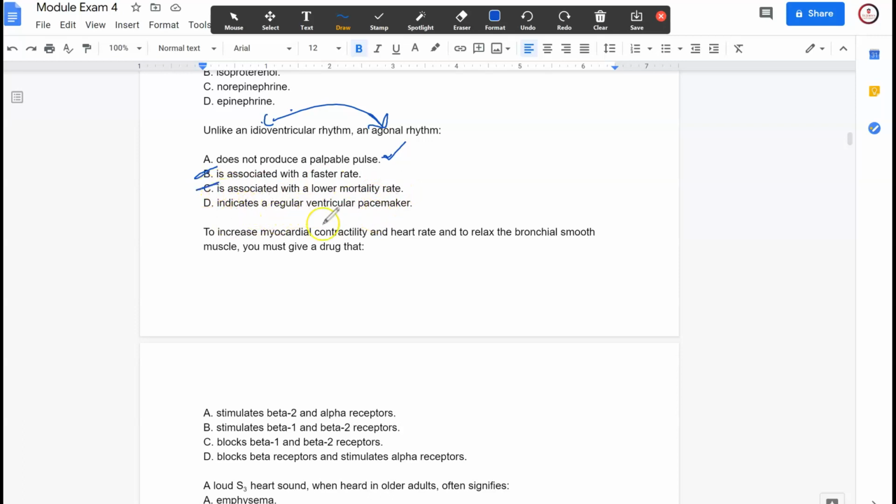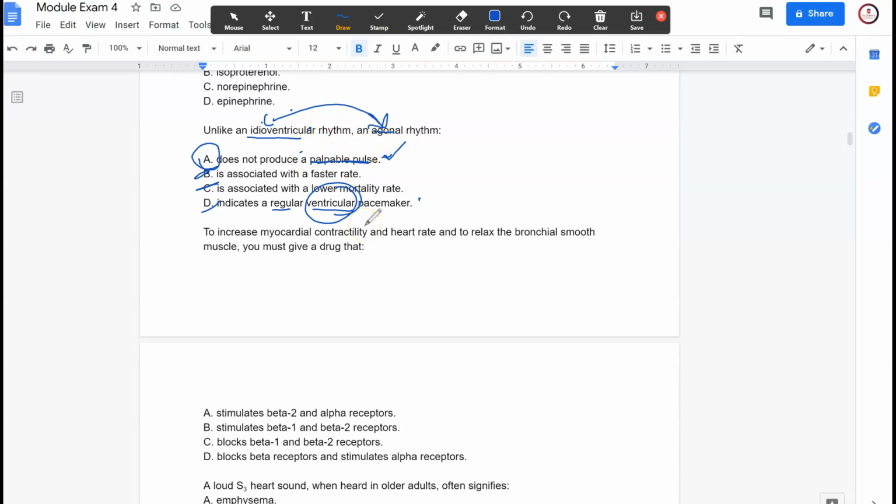Indicates a regular ventricular pacemaker? I mean, it's regular and it's ventricular, but that's not what you want in your cardiac life. Your best answer is does not produce a palpable pulse, because remember, idioventricular and agonal are both coming from the ventricles. Agonal doesn't have a pulse.